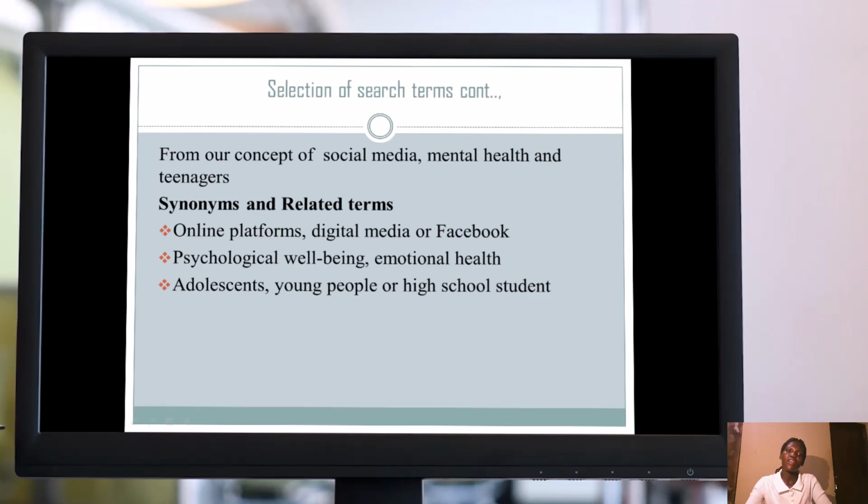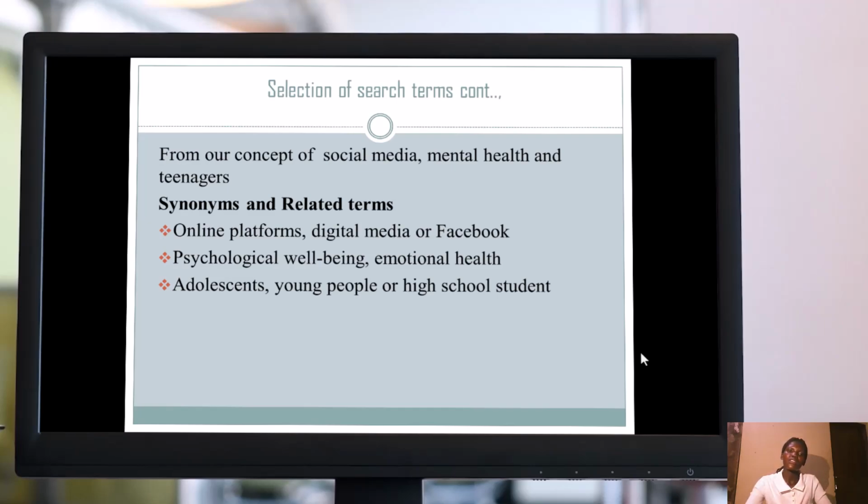We can see online platforms or digital media or Facebook. They can mean the platform or online. They can mean almost the same thing. They can relate to each other. Then psychological well-being or emotional health or emotional well-being. Those are the related terms.